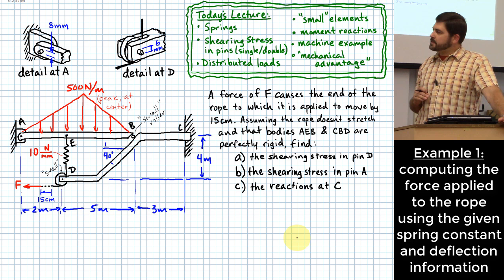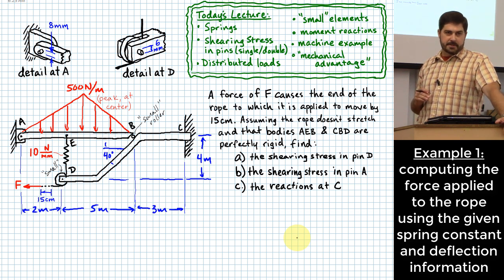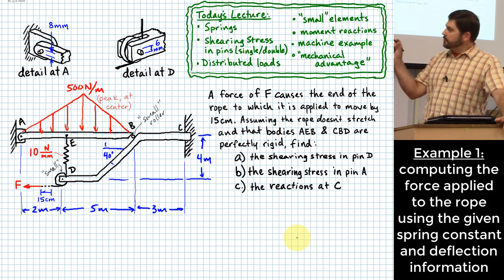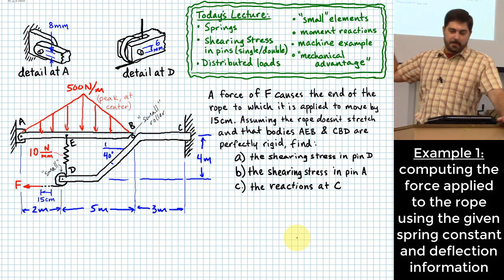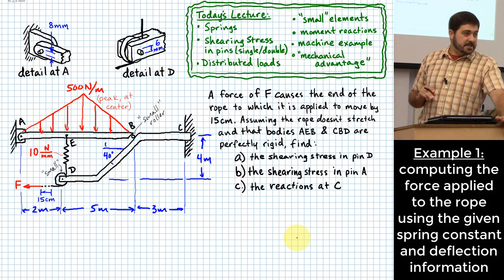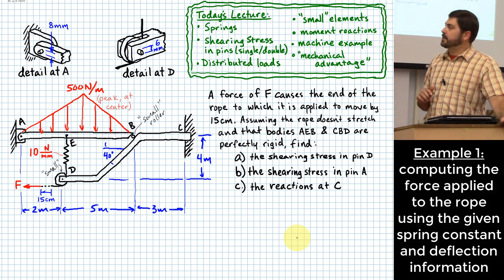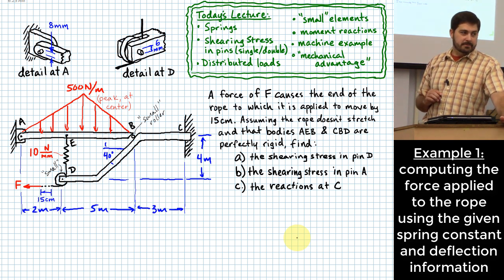Before I do that, though, is there anything I can do to figure out what this unknown force F is? What information do I have that I might be able to find F? I have a spring constant and a deformation, and all this extra information I gave about everything being rigid leads to the conclusion that all of that change in position of 15 centimeters is coming out of the spring elongating.